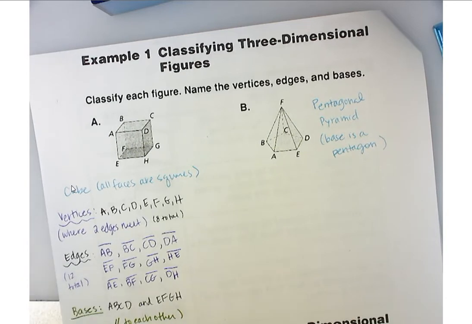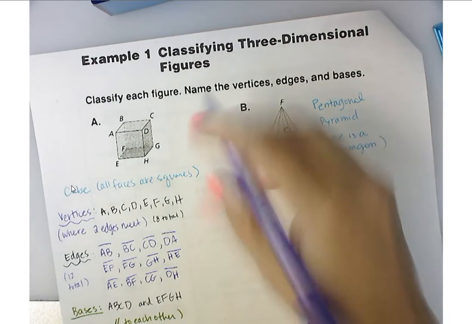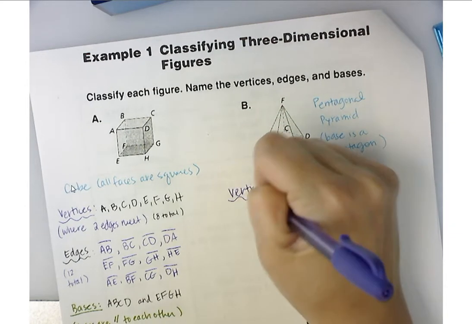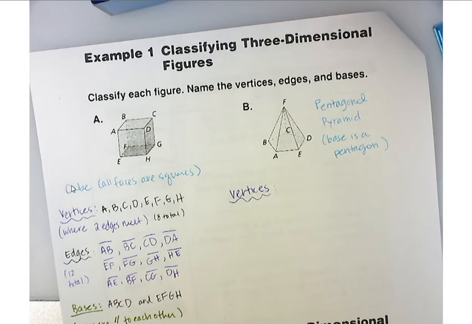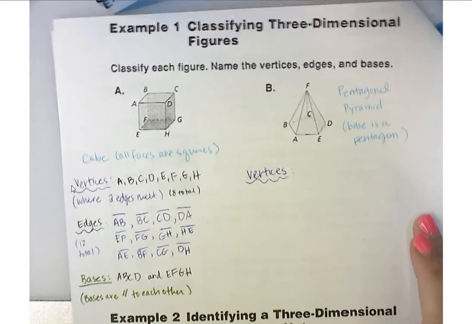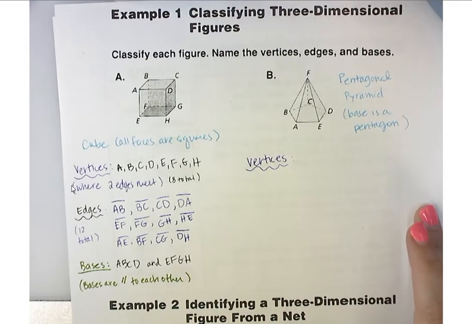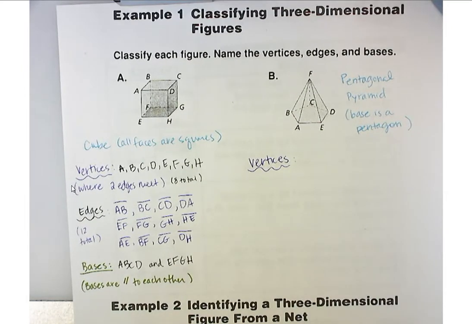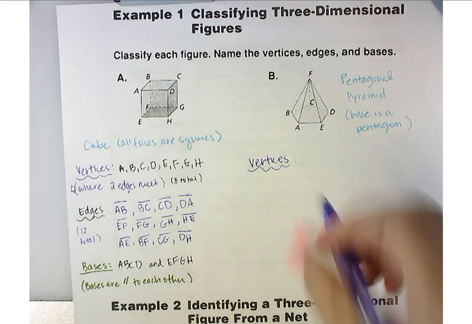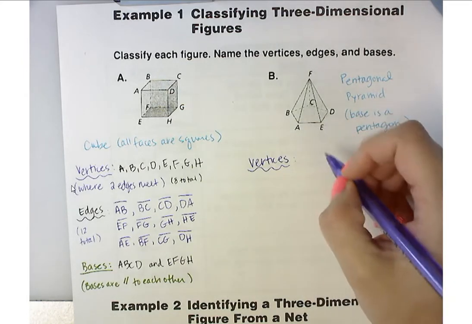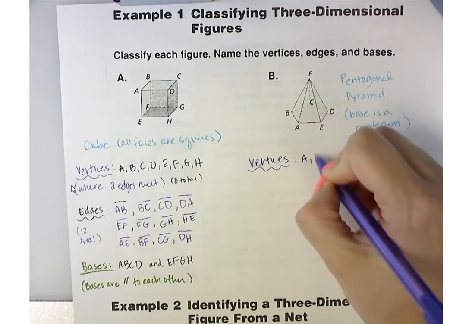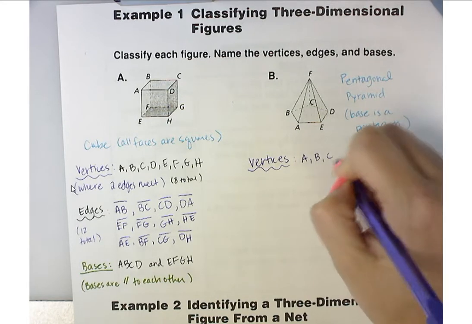Okay, and then your vertices. So Sam, what are my vertices going to be for this one? Yep. F is one of them. What else? Yep. And I'm just going to put them in alphabetical order. But you got them.